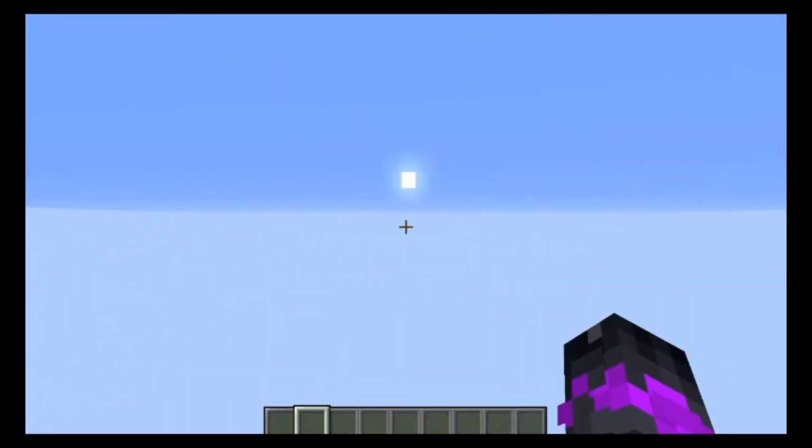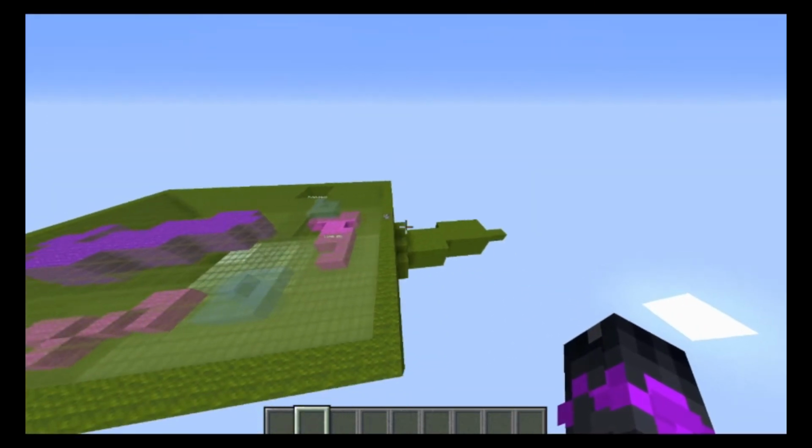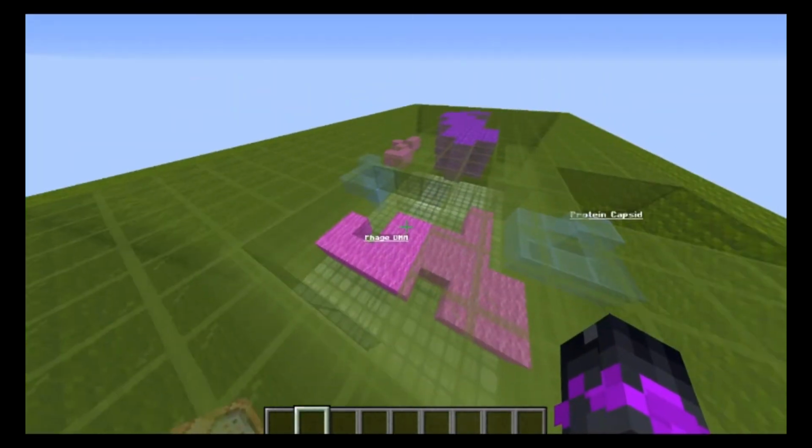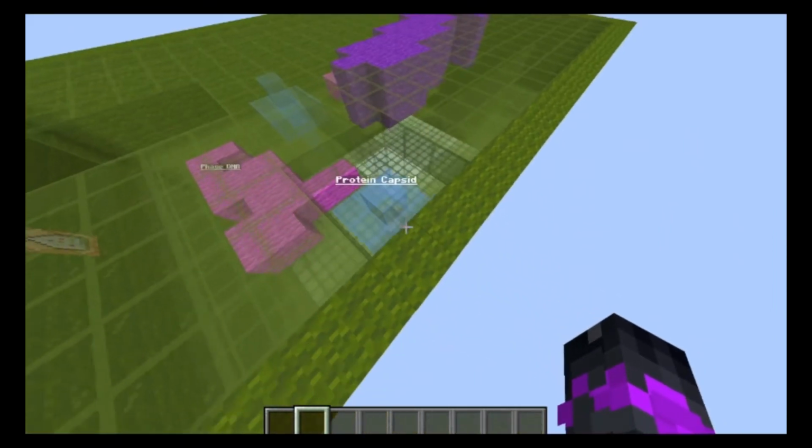Now let's move on to the third step, that is biosynthesis. Here we are at biosynthesis. So as you can see, here again is the phage DNA, and there are protein capsids starting to develop.